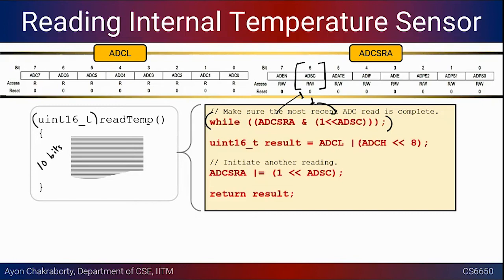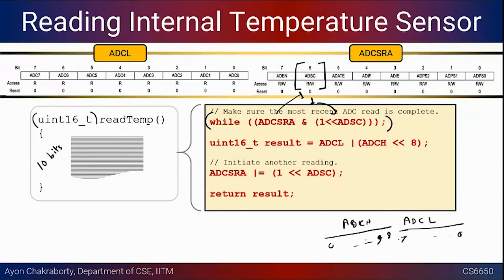So how is it read without any ADLAR adjustment? It's simply the high bits are left shifted by a byte, because what we will have is this ADCL. It will have all the bits from 0 to 7, and then you will have this ADCH, which will have all zeros except the last 2 bits, which will be the 8th bit and the 9th bit.